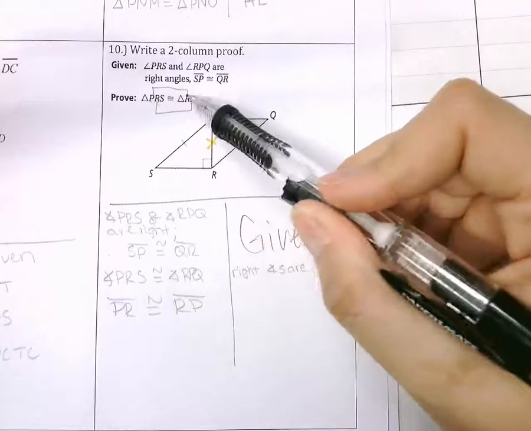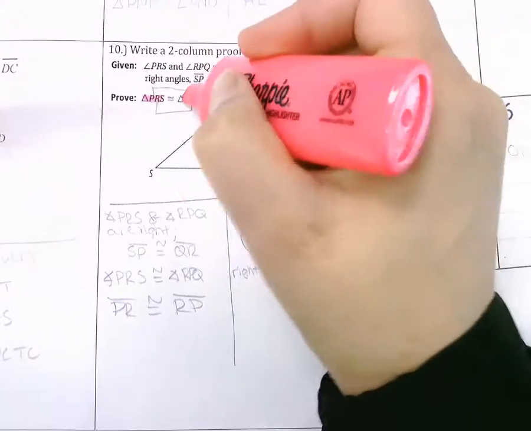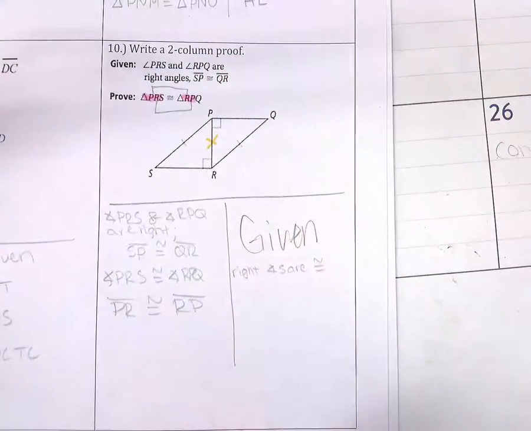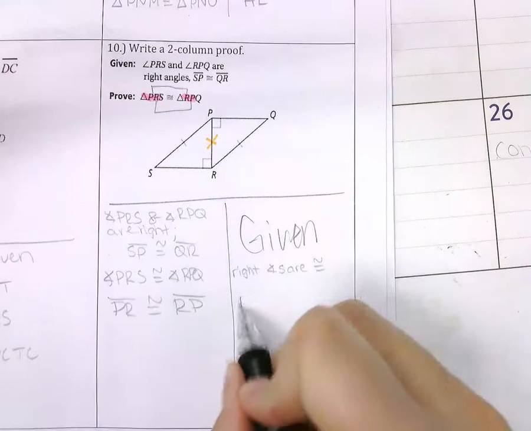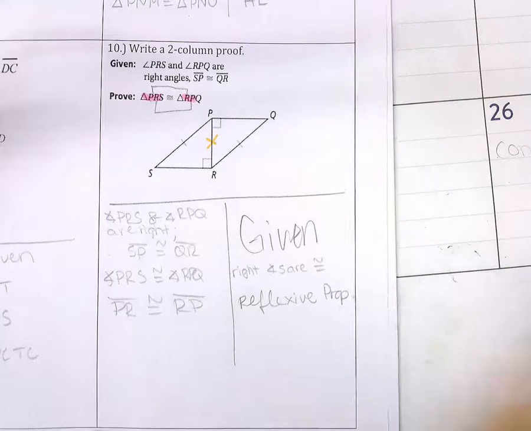Do you see how P and R are both first? It will say it in the congruent statement. If they're flipped here, then they're going to be flipped there. And if they're not flipped there, then you don't flip them there. And so then, reflexive.